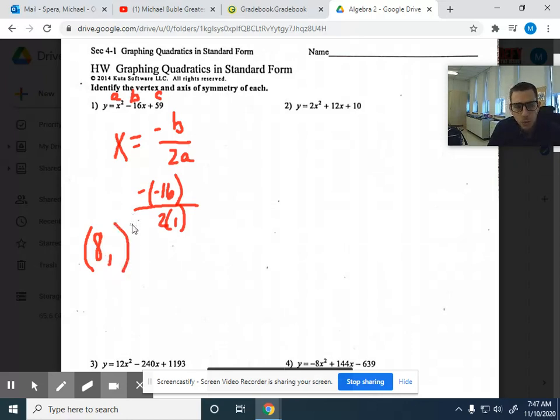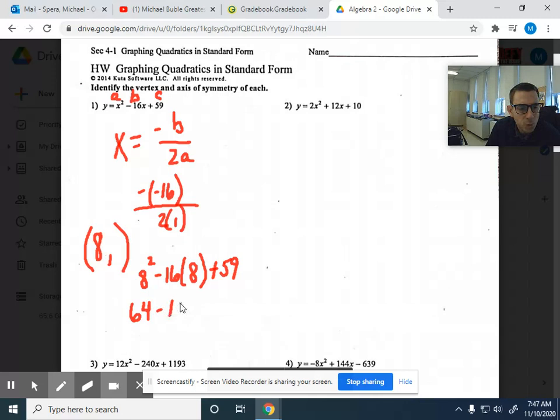And once we establish the x-coordinate, we simply just have to plug it back in to get y. So let's see. 8 squared minus 16 times 8 plus 59. All right. 8 squared is 64. Let's see. 16 times 8.